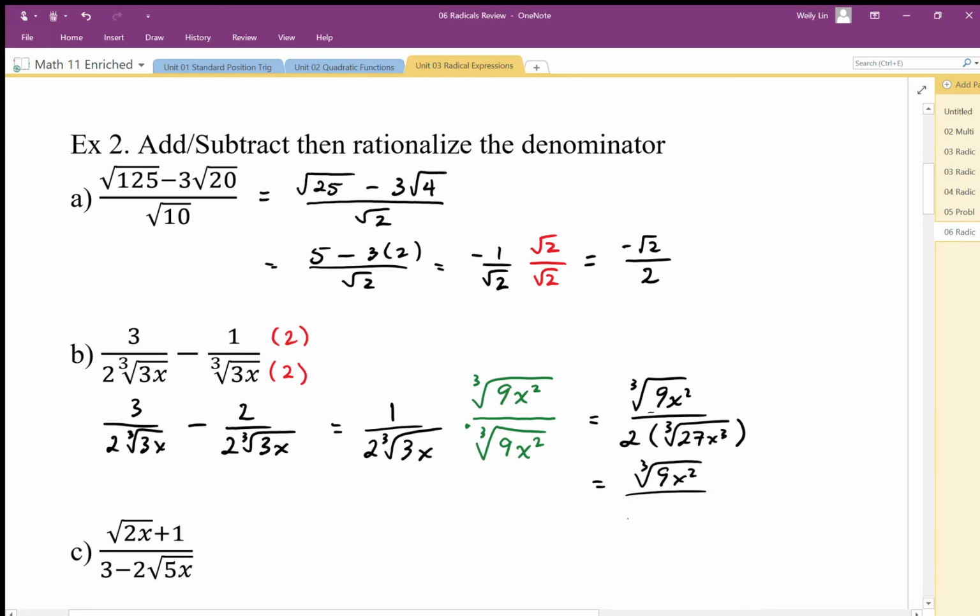This becomes 2 times 3x when we cube root 27x cubed. Okay, and then our final answer is going to be, we should combine those terms. So we end up with 6x in the denominator.